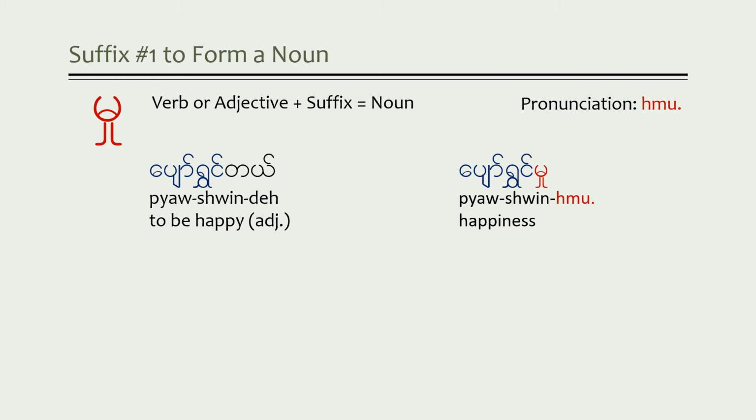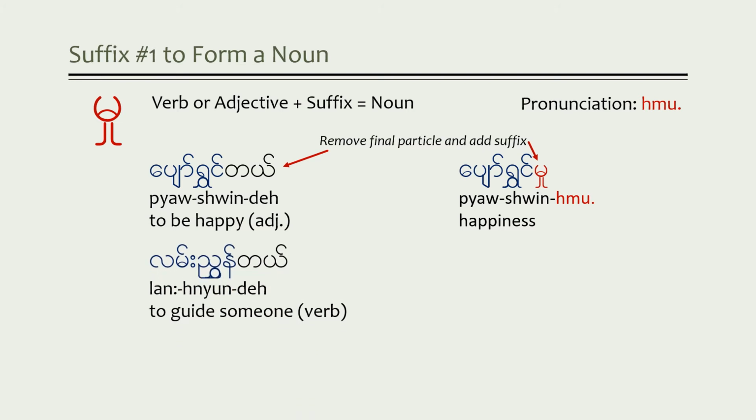So in this case, the word for happiness becomes pyoshwimhu. How did I do that? Well, I removed the final particle and added the mu particle after the root word. And even though the root word has 2 syllables, I don't need to add it between those 2 syllables.